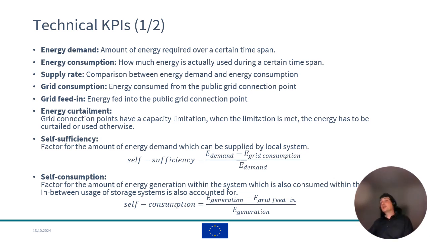And self-consumption is the percentage, so how much of the energy that you generate do you consume yourself? But this can also mean that you still have to take something from the grid, because even if you consume all that you produce on site, if it's not sufficient, then you still have to take something from the grid. I think that's more or less clear, I hope.